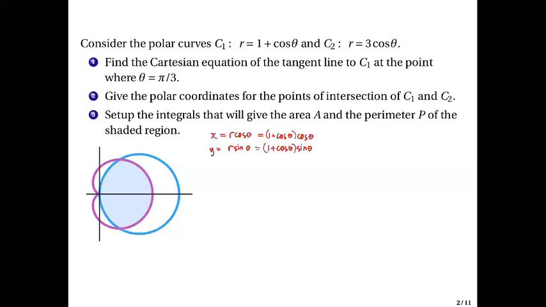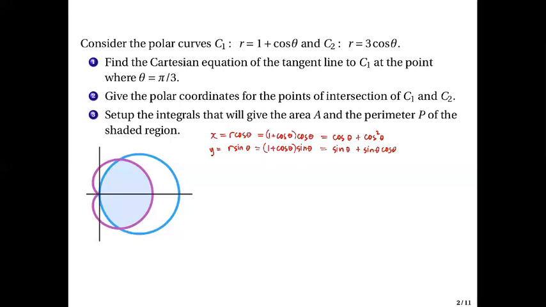If we simplify this, distributing the cosine or the sine over the sum, we'll just have x equals cosine theta plus cosine squared theta. And for y, we have sine theta plus sine theta cosine theta.